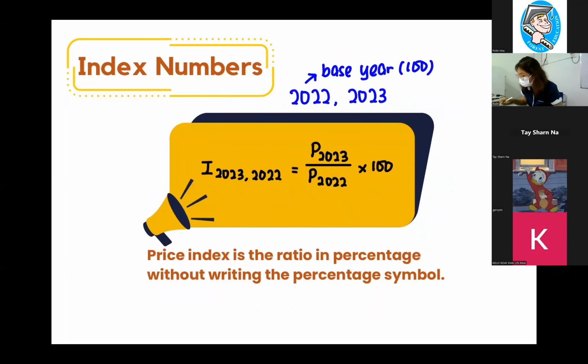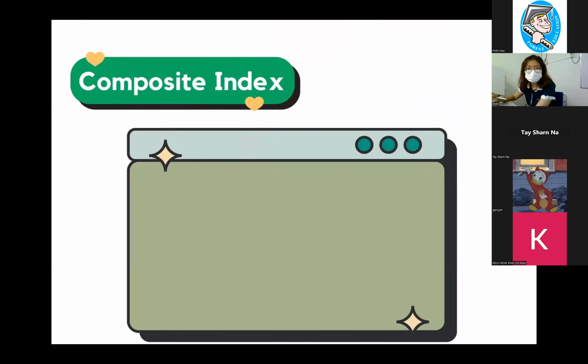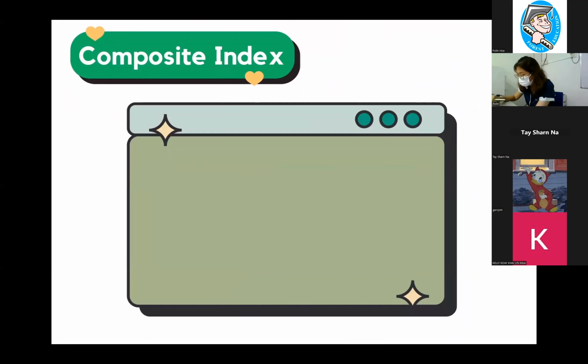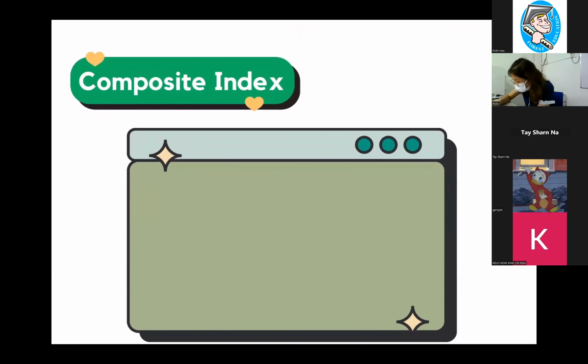OK, 好了，我们去 next one. The next one is 11.2. 11.2 is composite index. Now, composite index, we say I bar, and we involve weightage. 它占了多少 percent? We use the symbol W. Also, same thing, 2023 over 2022.